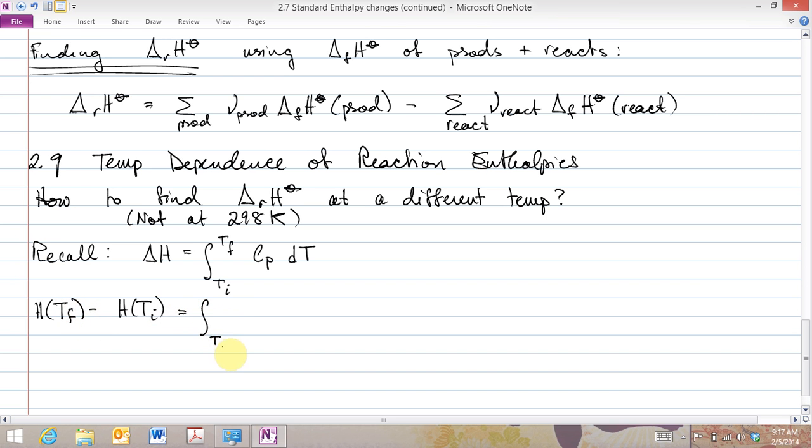Is equal to, again, this integral. And because I'm only interested in the enthalpy at the final temperature, I'm going to move the enthalpy of the initial temperature over to the other side.